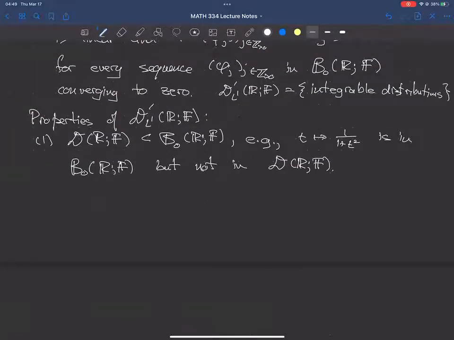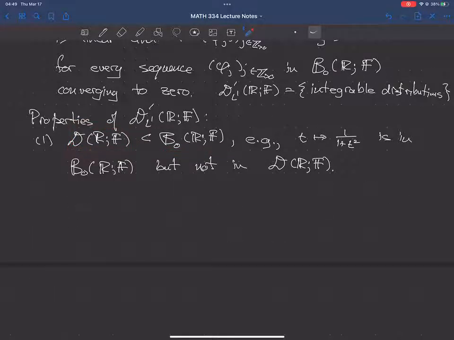All right. So one of the consequences of this is, you imagine symbolically that D prime is the dual of D, and D prime L1 is the dual of this, and because this space is smaller, and distributions are continuous linear functions on this space, if you have a continuous linear function on a smaller set of signals, you expect there to be more continuous functions.